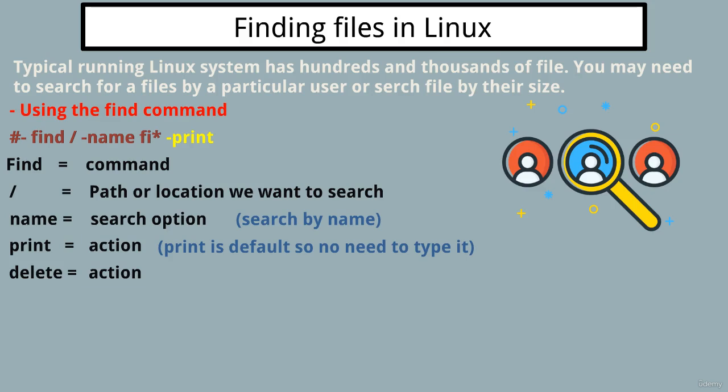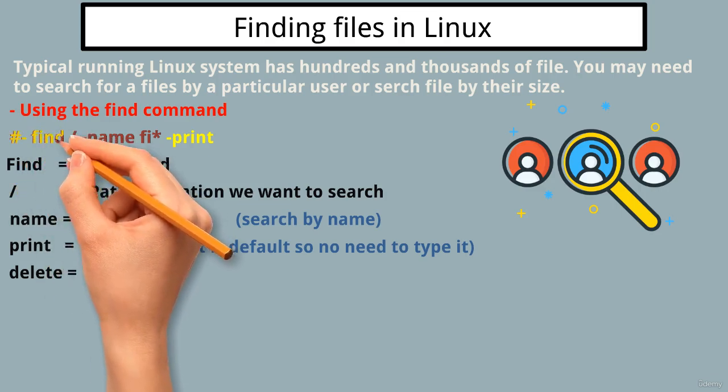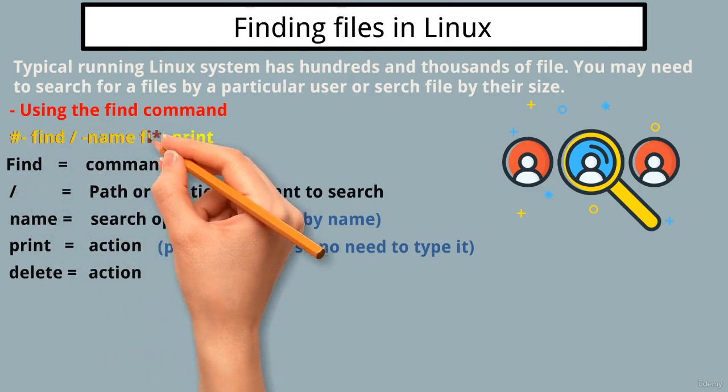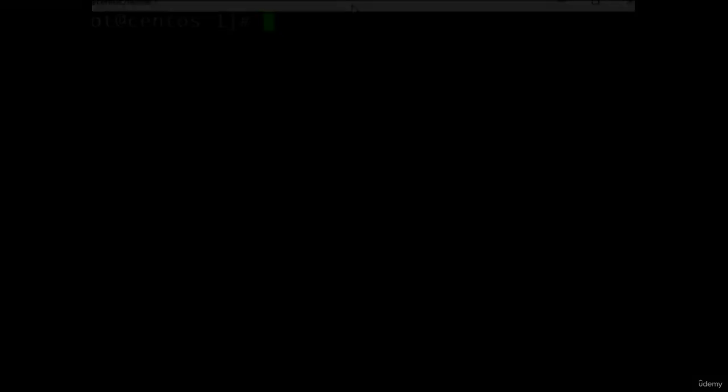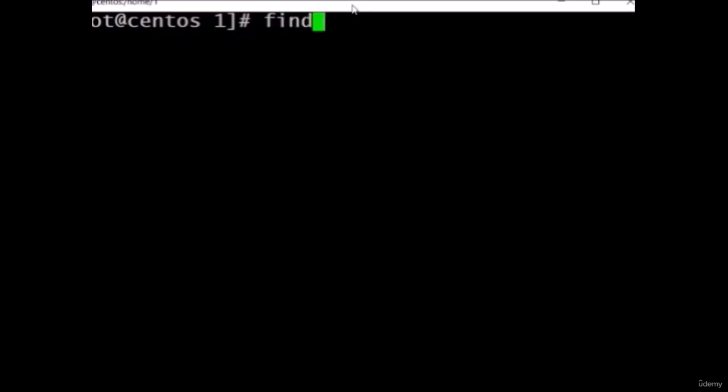Let's see that command happening in a real life scenario, and we're going to try this option. So let's do the find command, search everything under slash or root, search by name of the file, and the name starts with fi, asterisk, that means anything starting with fi.